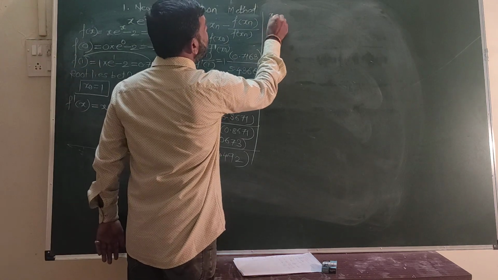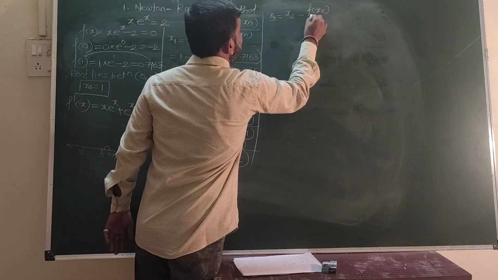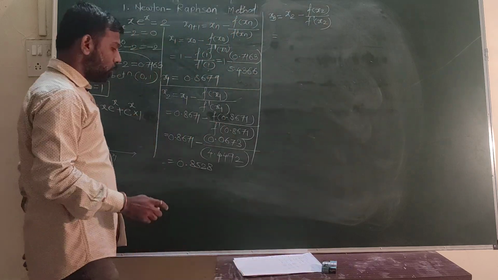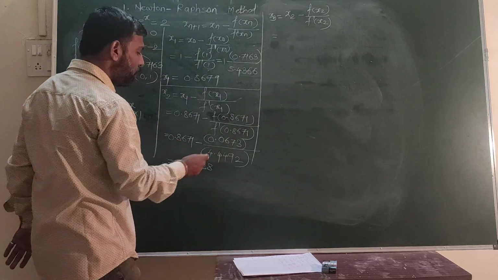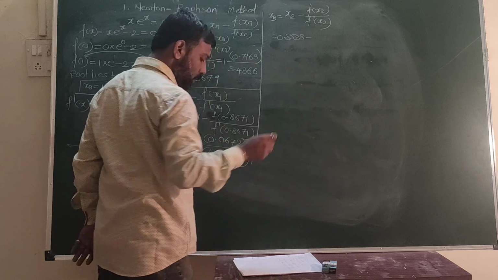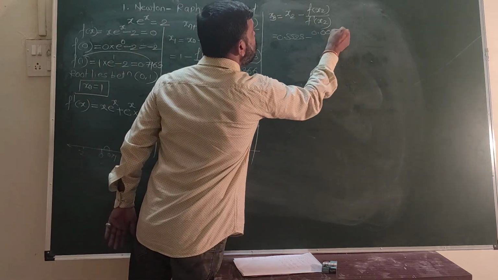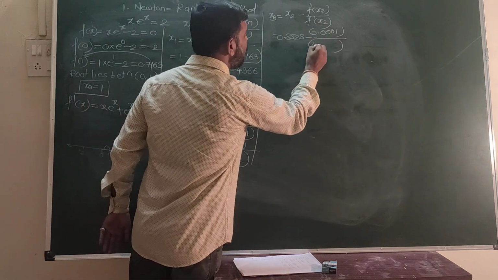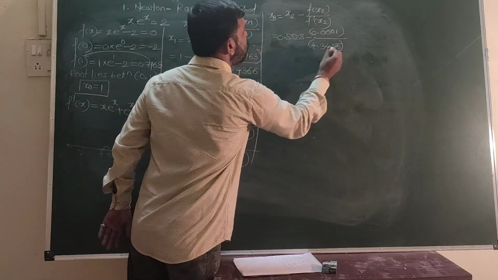Continue like this for the third one. The x2 value that we have substituted in this, after that we got here 0.8528 minus 0.0001 upon, in the bracket again the denominator, 3456.